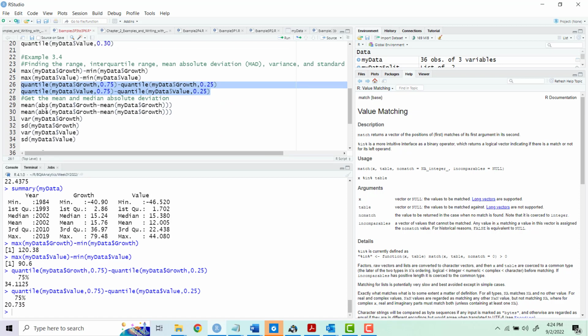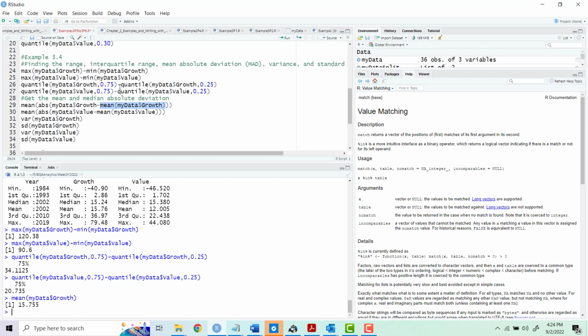Okay, and a few other values that we have. We have the mean absolute deviation. Remember when we did the variance, I said the straight deviations were going to cancel out, but you could either square them or take the absolute value. So for growth, the mean is 15.755.